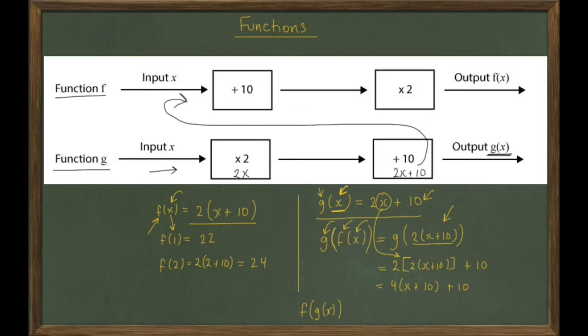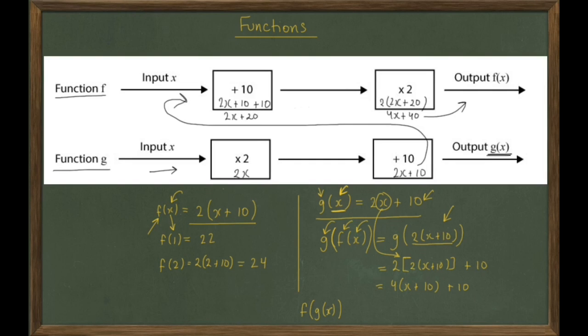So we take our 2x plus 10 and add another 10, which gives us 2x plus 20. Now we follow the arrow and multiply this by 2. So we have 2 times (2x plus 20), which gives us 4x plus 40. And that's our output. That's what we'd get if we did g first and then f.